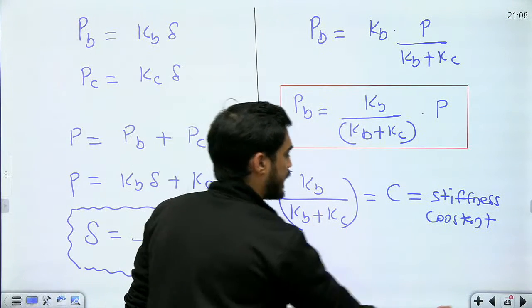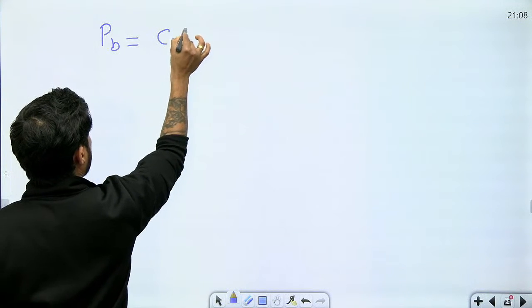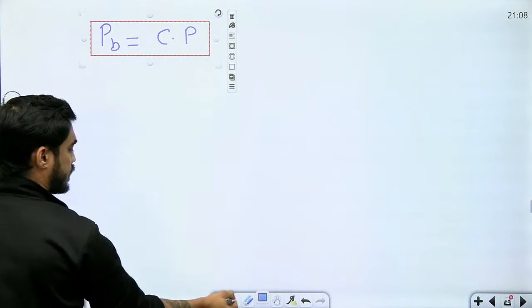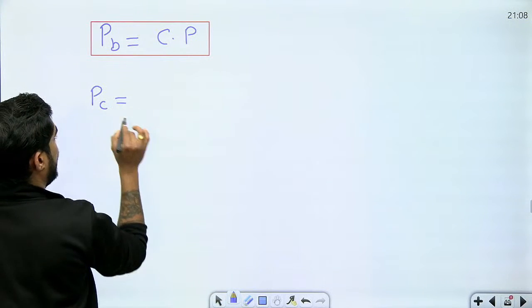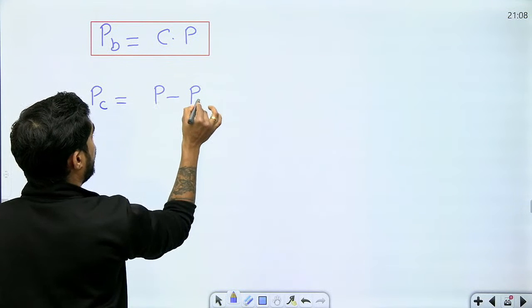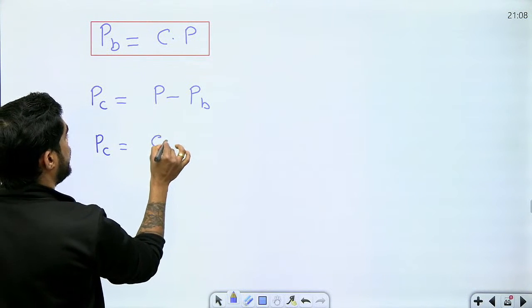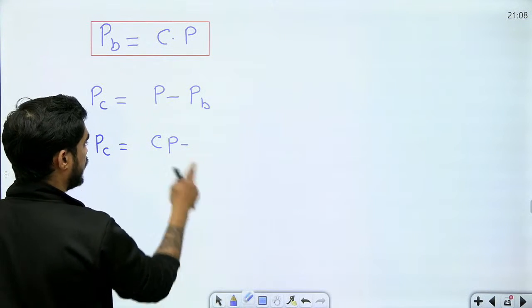Okay, so can I say Pb equals C into P, where C is the stiffness constant. Now beta, Pc is P minus Pb, and this is CP minus P. Sorry, I wrote it the wrong way around.